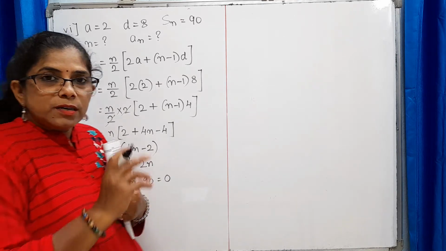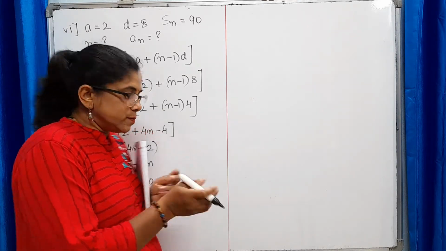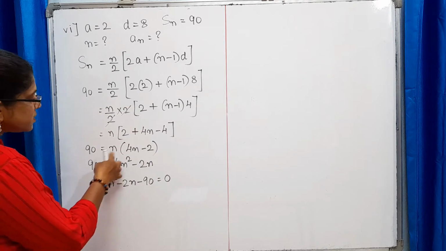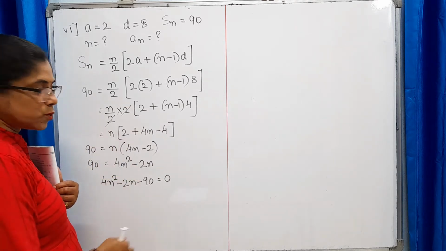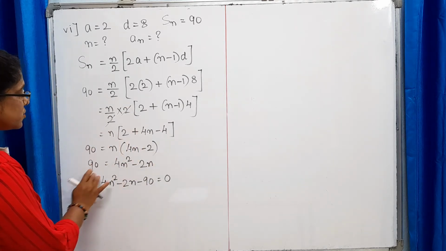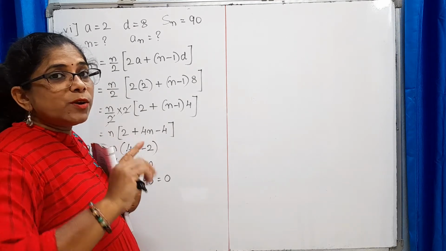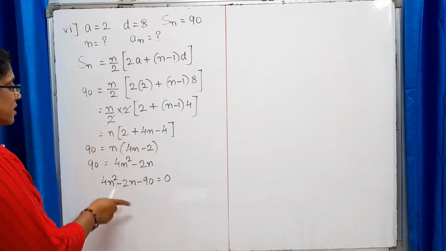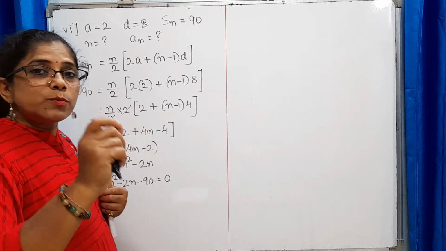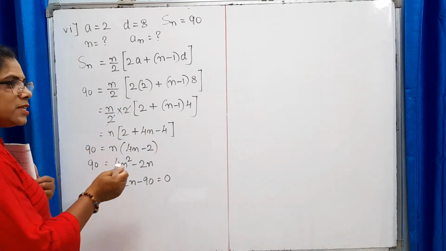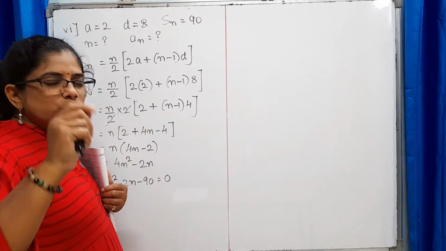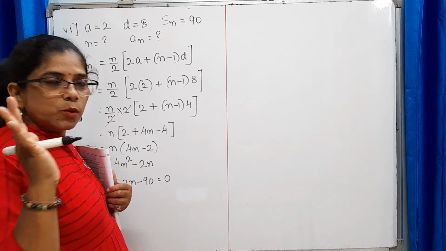Now here whenever we arrange the terms, check that our square term is always positive. If we take this 4n square on LHS, it will become minus 4n square, and we don't want that. So check that n square is always a positive term. Not only n square, whenever we solve the quadratic equation, the square term, please check that it is always a positive term.